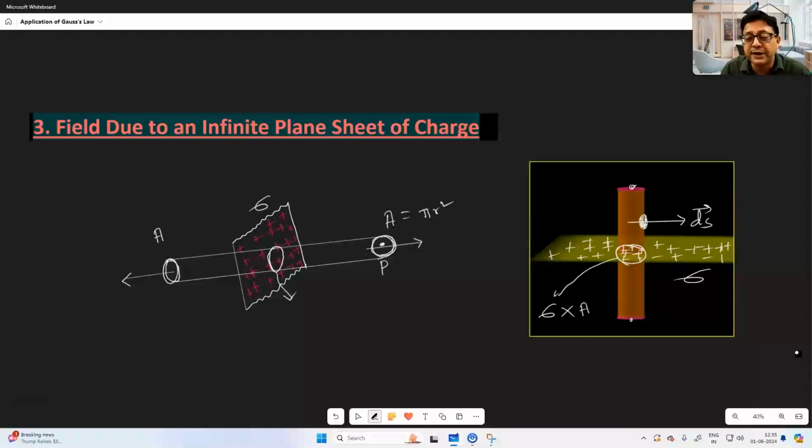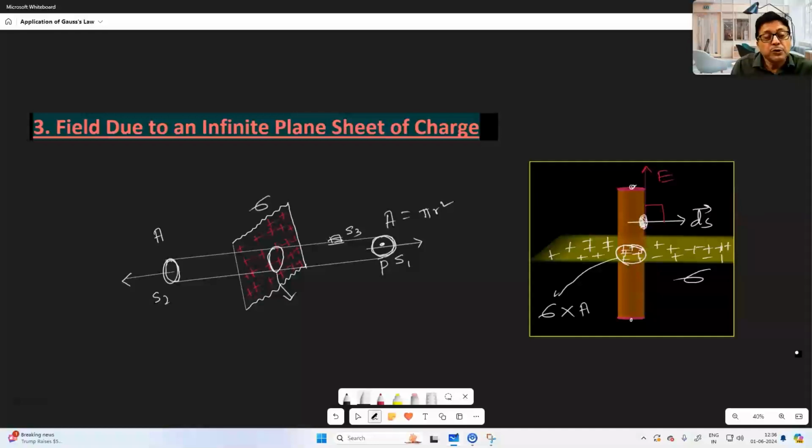But the electric field is radially outward, from the plane sheet away from the sheet. So what is the angle between E and ds? That is 90 degrees. So d phi this time is going to be equal to what? d phi in this case we will find on the surface. This surface is S1, S2, and say this one is S3.